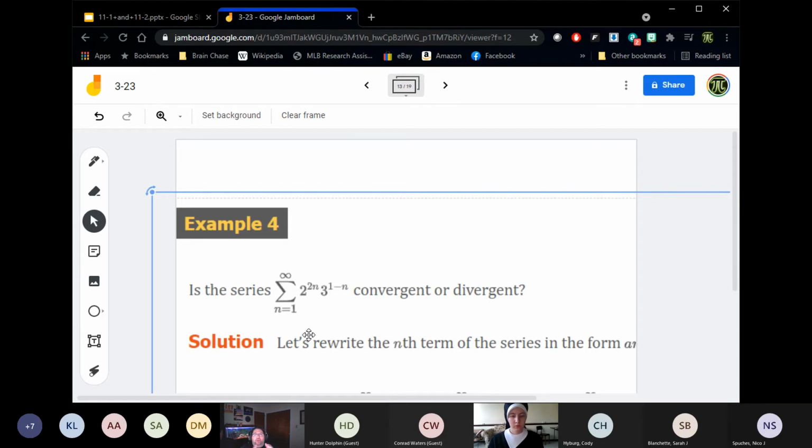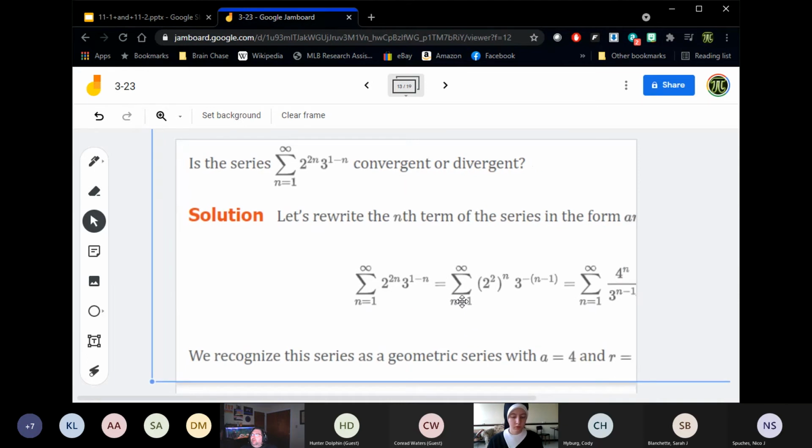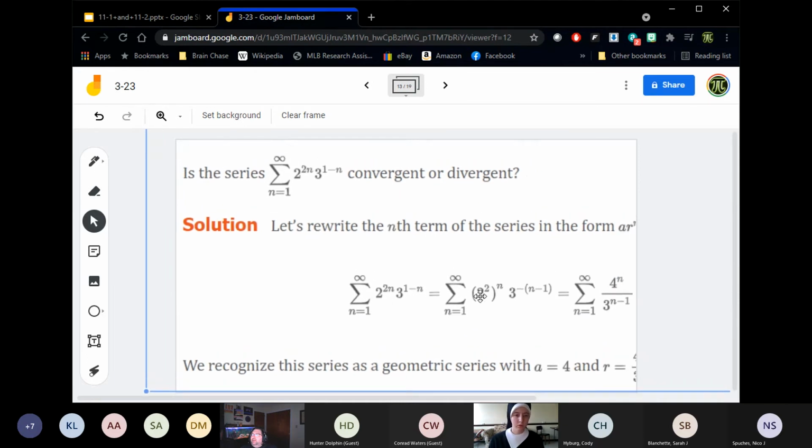To do that, we want to start looking at the numbers. If I have multiplication of exponents, I can split those exponents apart. So if we look at 2 to the 2n, I can say 2 squared to the nth power, which means that's really 4 to the nth power.